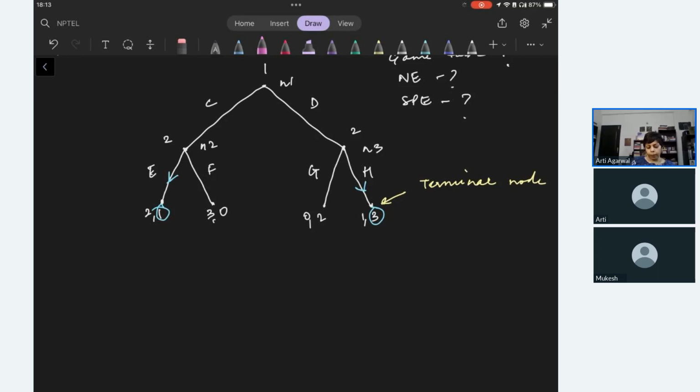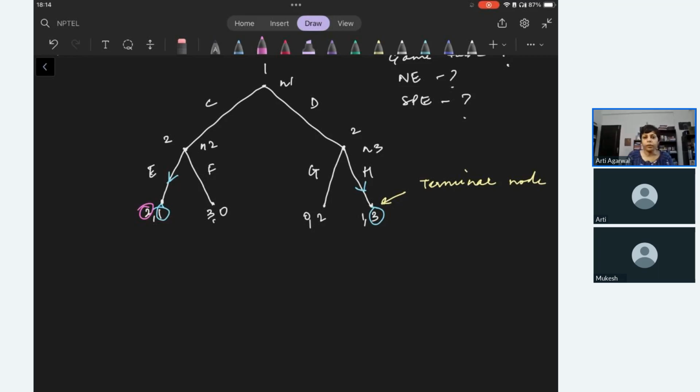Now, if player 1 decides to choose strategy D, then he knows that player 2 is going to choose strategy H, because that is what gives player 2 the highest payoff, and the payoff player 1 is going to get from choosing strategy D is 1. Now between 1 and 2, 2 is the higher payoff for player 1. So this is going to be your Nash equilibrium, and also your subgame perfect equilibrium.